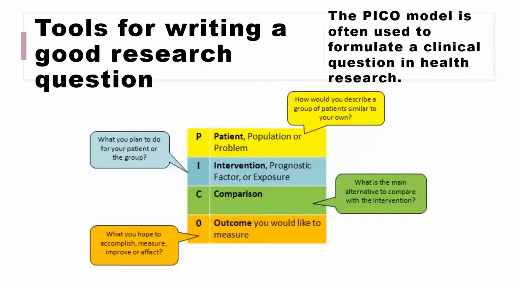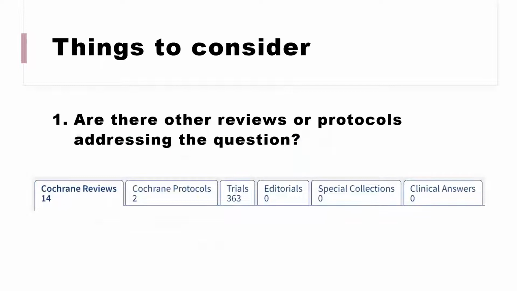And then once you've got your question sorted, there are some other things that you need to consider. So at this planning stage, it is very, very highly recommended to check to make sure that there's not a recently published systematic review that's answering your question. So there are databases that you can use specifically to look for health-based systematic reviews.